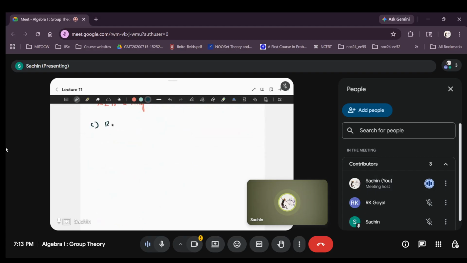R3 is the set A10A. Is this a ring? It's not even closed under addition, so it's not a ring, not closed.